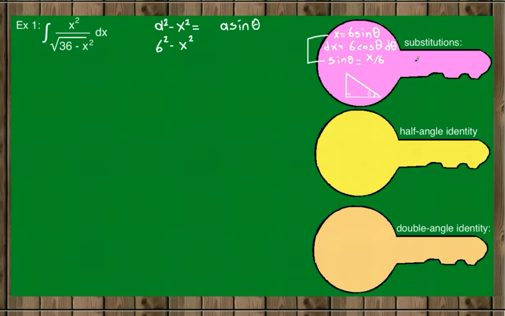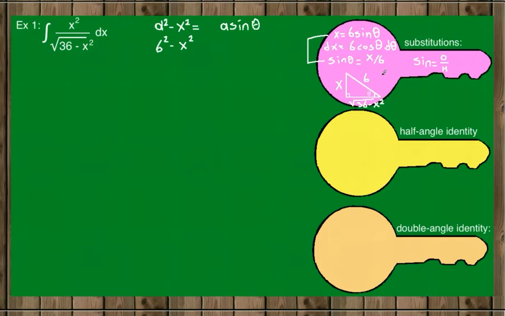And sine function is opposite over hypotenuse. So our theta is here, opposite is x, hypotenuse is 6. So from the Pythagorean theorem, this is a right triangle, we can find the missing side, which is square root of 36 minus x squared. We're going to need this triangle in the end.